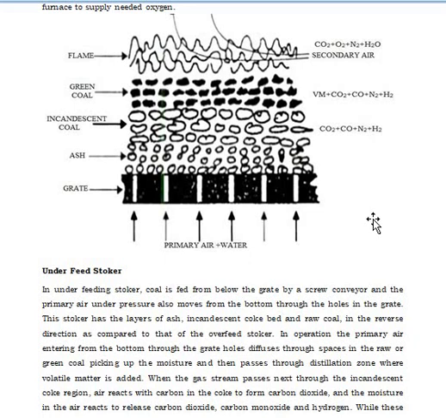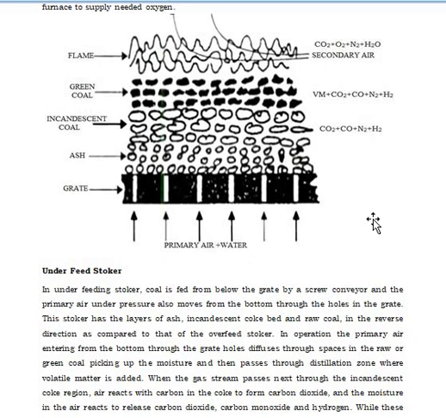In operation, the primary air entering from the bottom through the grate holes diffuses through spaces in the raw or green coal, picking up moisture, and then passes through the distillation zone where volatile matter is added.